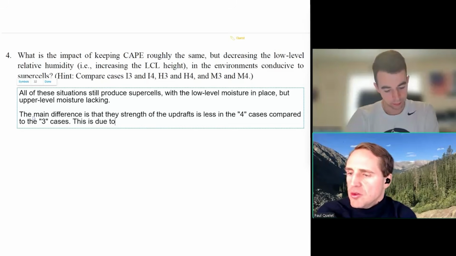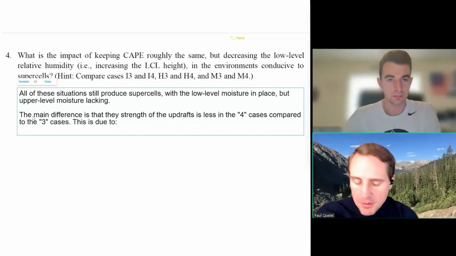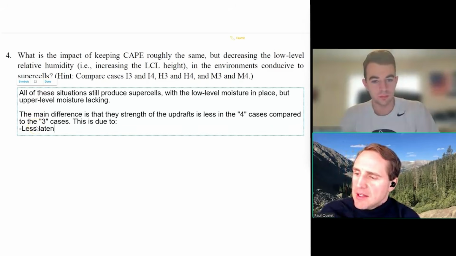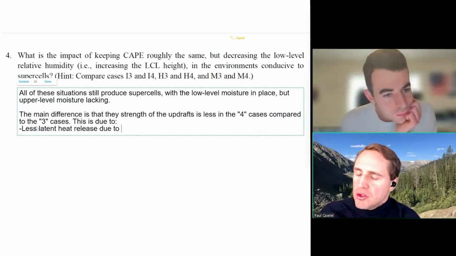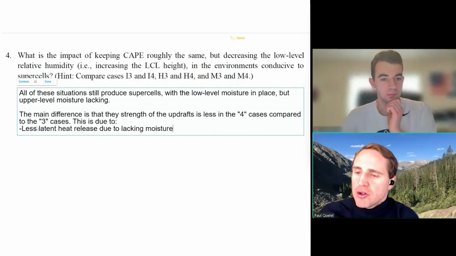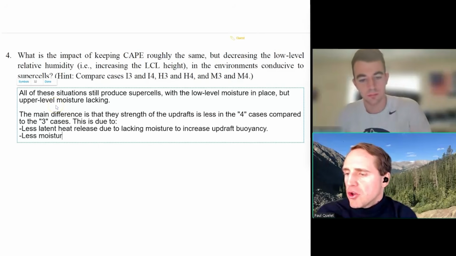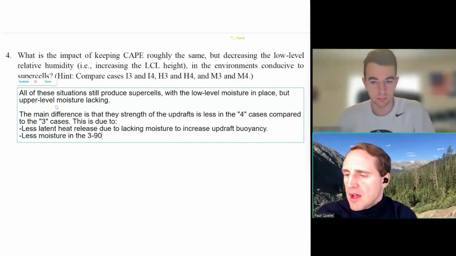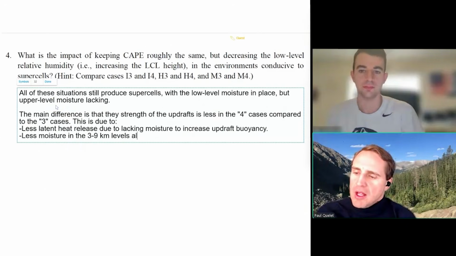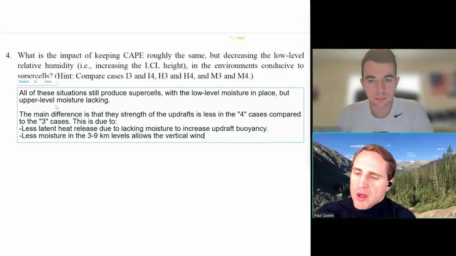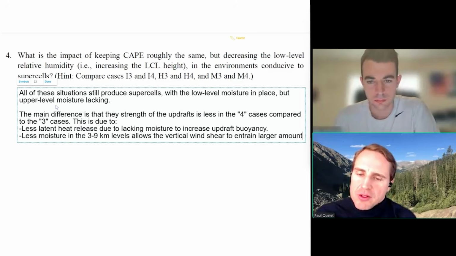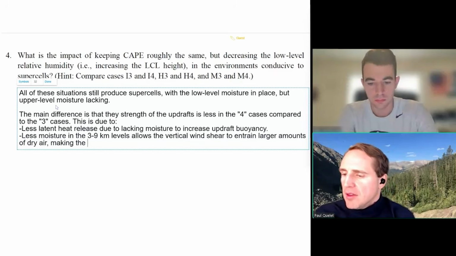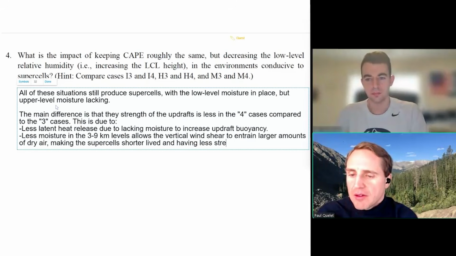This is due to, and it's mostly 2 things that we've talked about before: less latent heat release due to lacking moisture to increase updraft buoyancy, and less moisture in the 3 to 9 kilometer levels allows the vertical wind shear to entrain larger amounts of dry air, making the supercells shorter lived and having less strength.